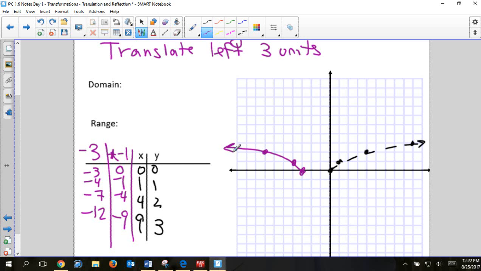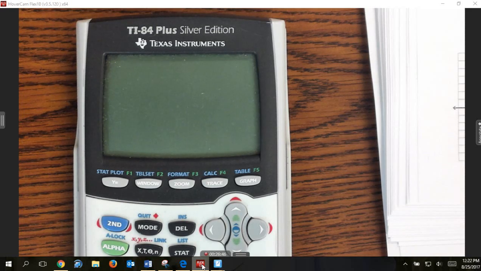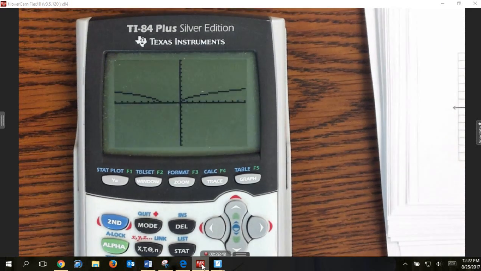But if you were unsure of yourself and wanted to check your answer, you could plug in the parent function and the new function on your graphing calculator and just make sure you did it right. That would be a good place to go check your answer.